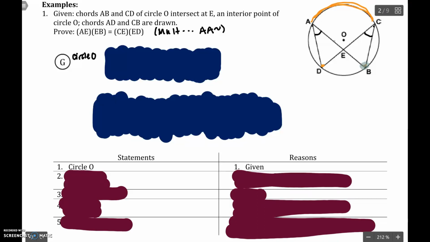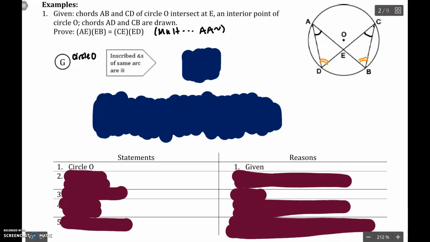And so if they're inscribed to the same arc, they have to be congruent as well. And so the property that says that is that inscribed angles of the same arc are congruent. So what we're going to do is write that two different things happen. We had angle A congruent to angle C, and we had angle D congruent to angle B.